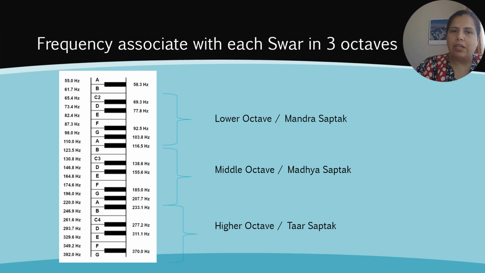So I have listed all the frequencies that are applicable for the notes or the swars in different octaves, and you might want to refer to them if you are interested in fine-tuning your instruments, or understanding the difference between a sa, which is C in a lower octave, versus a sa, which is played in a higher octave.